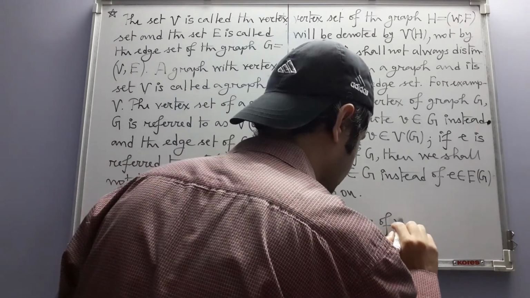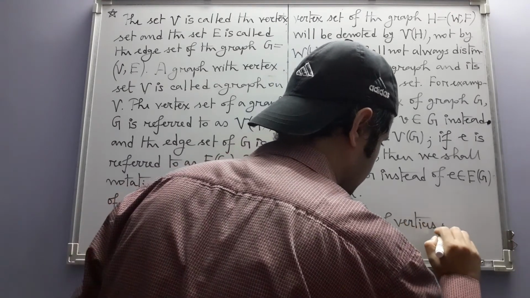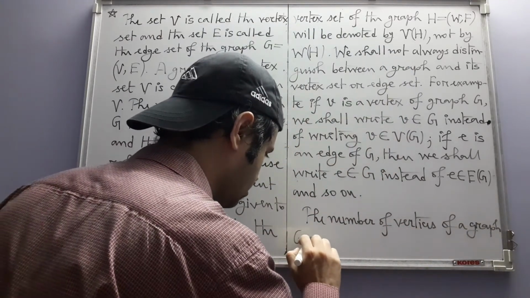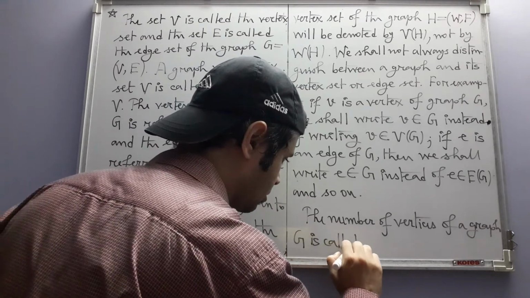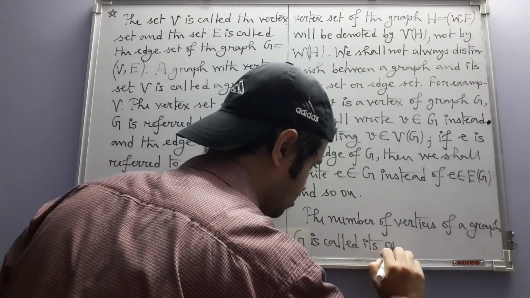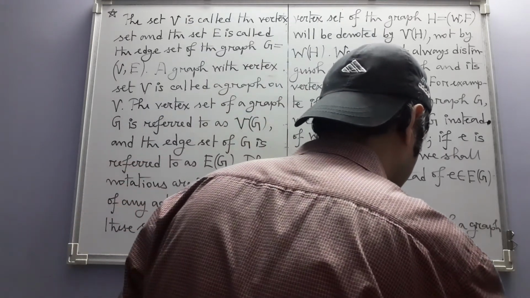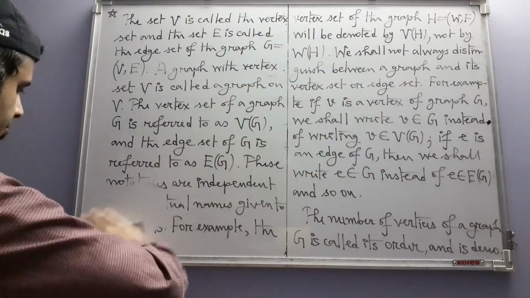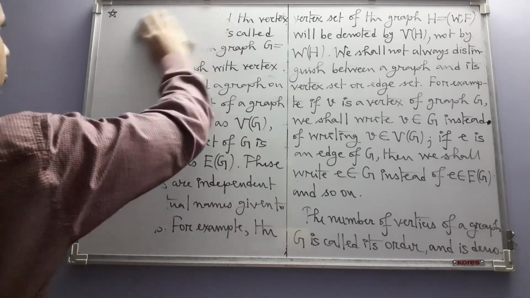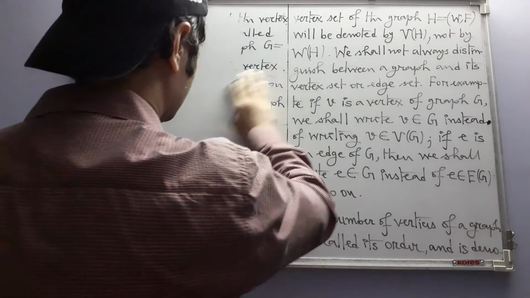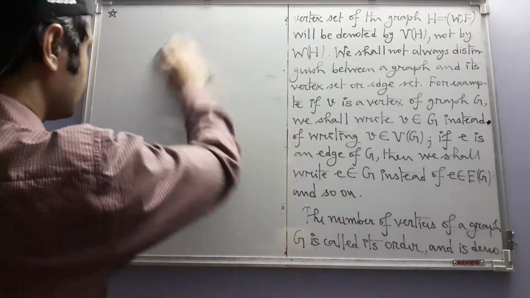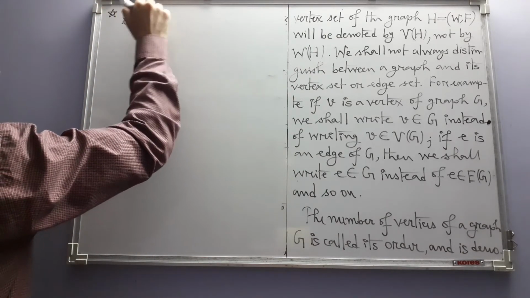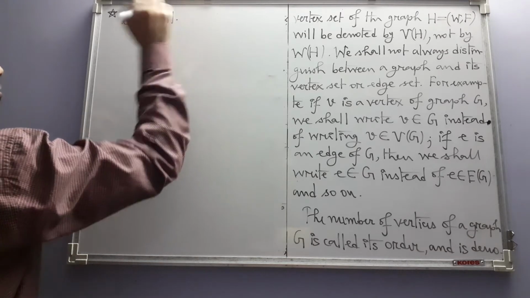The number of vertices of a graph G is called its order, and is denoted by this notation.